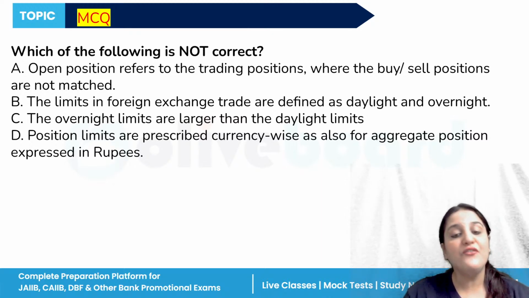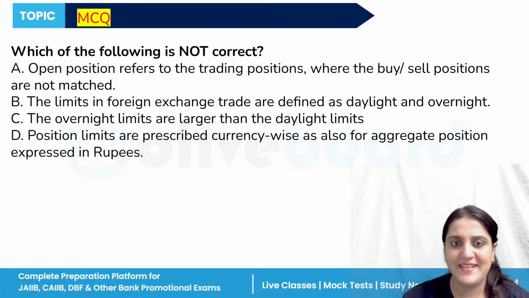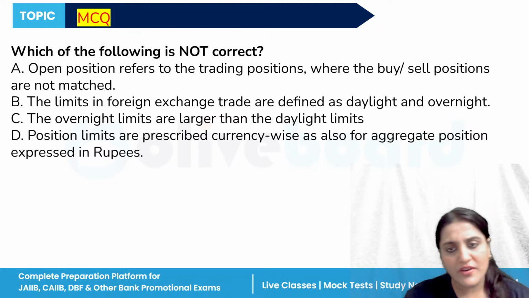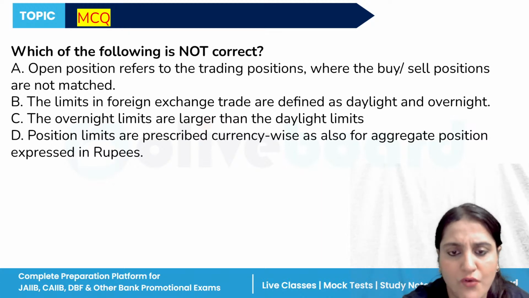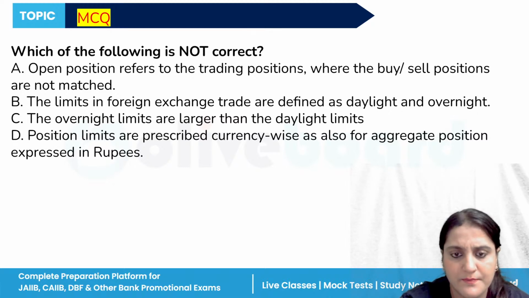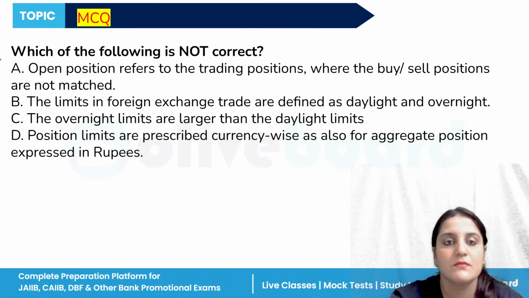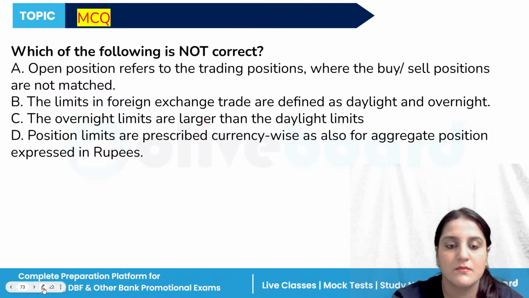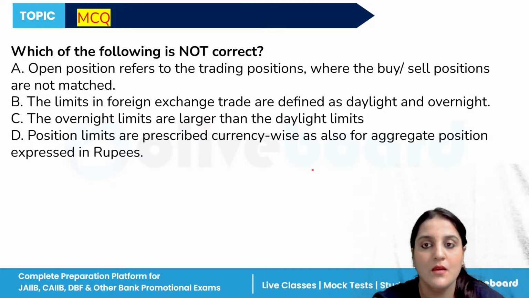The limits in the foreign exchange trade are defined as basically daylight and overnight, and the overnight limits are smaller than the daylight limits, and the position limits are prescribed currency wise as also for the aggregate positions. Just tell me about this question.